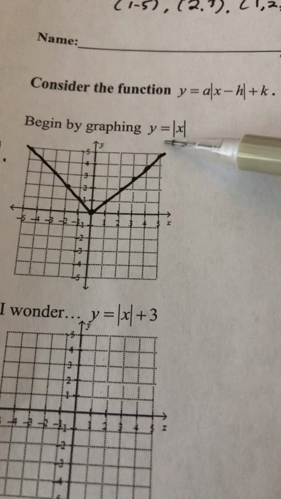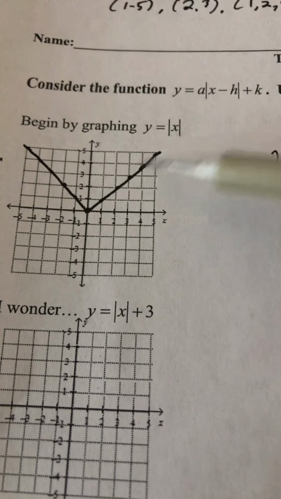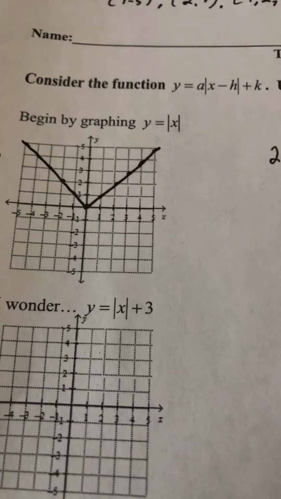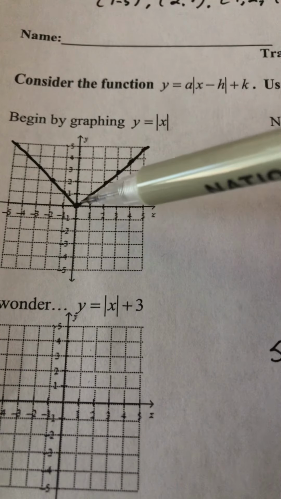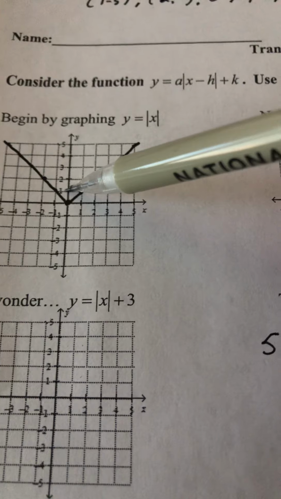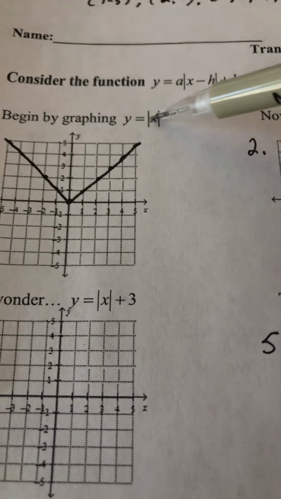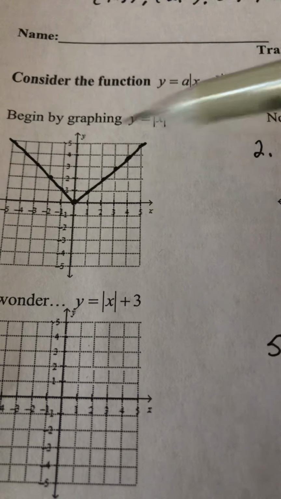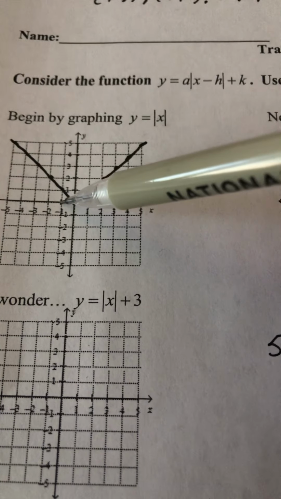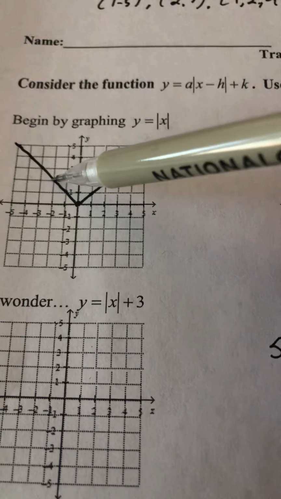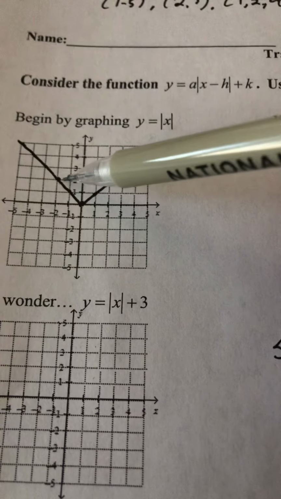So begin by graphing y equals absolute value of x. That's what this parent function is going to look like. You could pause this. Notice it's right at the origin, and it goes up 1 over 1, up 1 over 1, and you could plug in numbers. The absolute value of -1 is going to be 1, so y would equal 1. Absolute value of -2, y would equal 2.